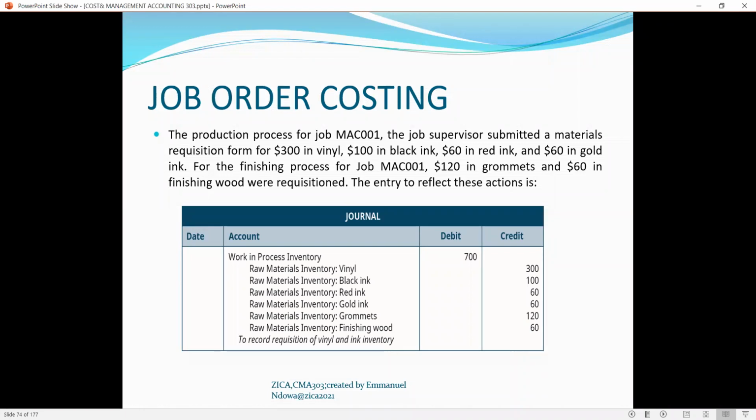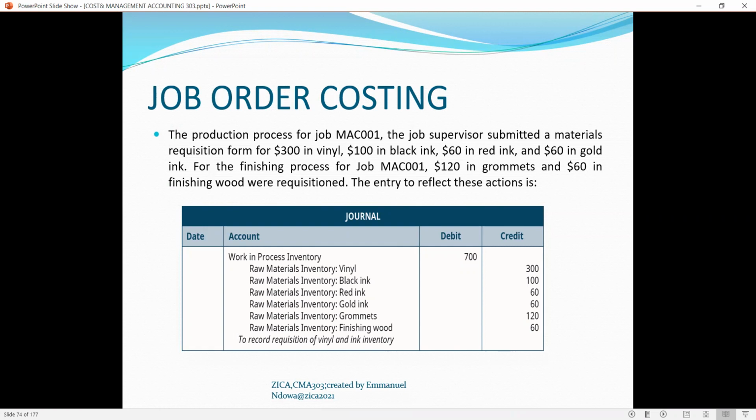And then when you are placing it into the production department, can you see what is happening? The accumulated amount of all these materials is going into the work in process inventory, which is $700 that has been debited.